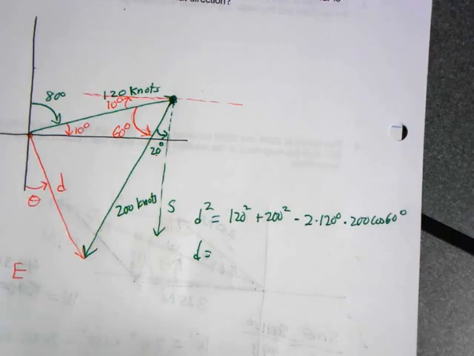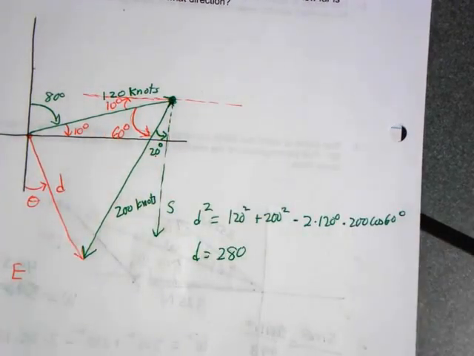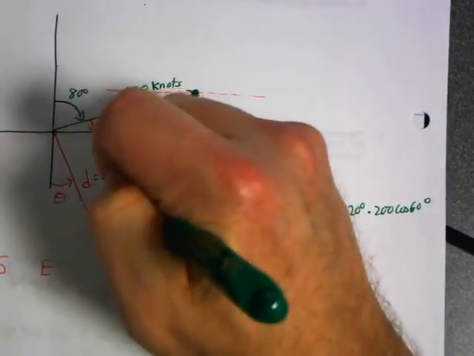Cosine of 60 degrees is a half. So D is, taking the square root of all that, I get D is 280. Exactly. Works out perfectly. It's a nice number. Didn't have to round off. All right, so D is 280.